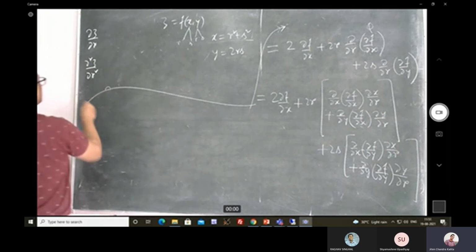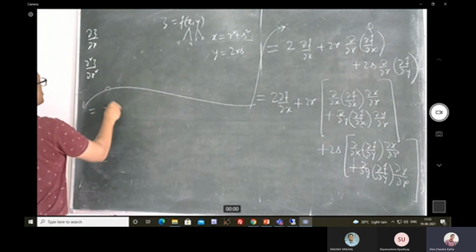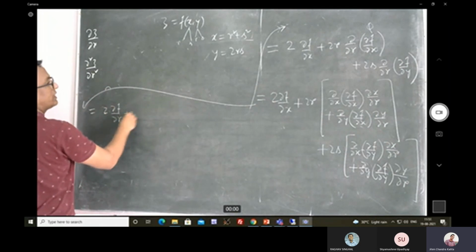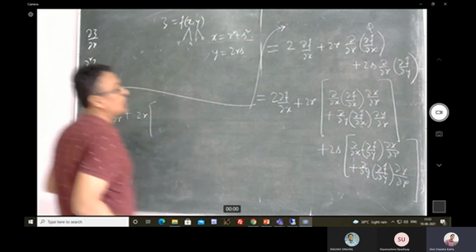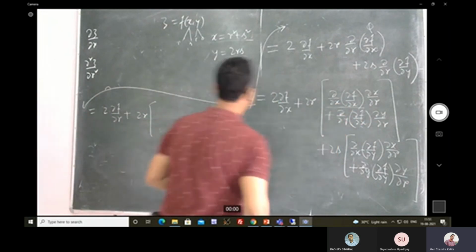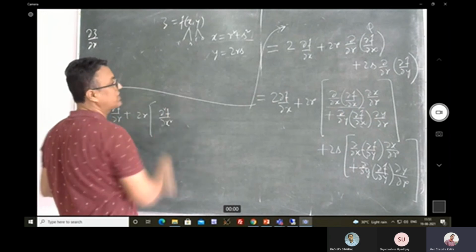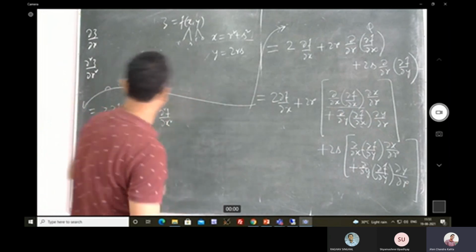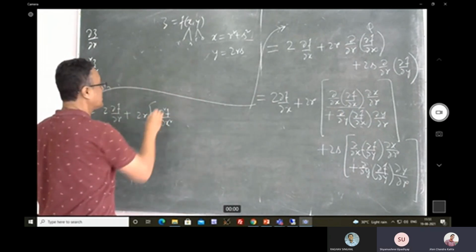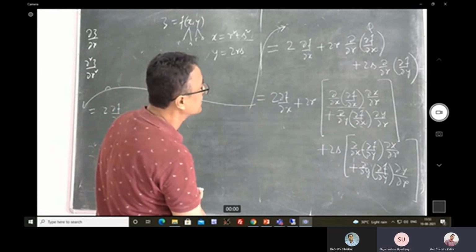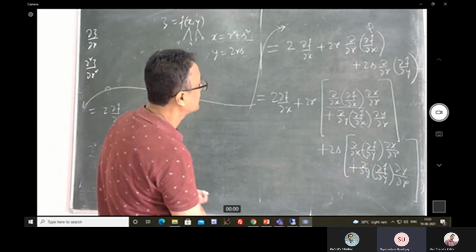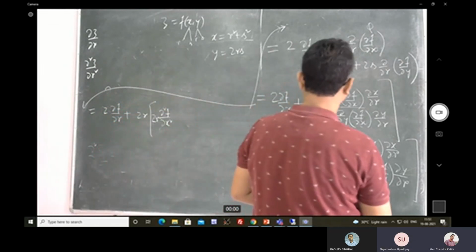So then we are almost done. This is going to give me 2 del f del x, then 2r times the higher order derivative, the partial derivative of this, and again del x del r, we found out that is 2. Did I make some mistake? Yes, 2 del f del x, first term.